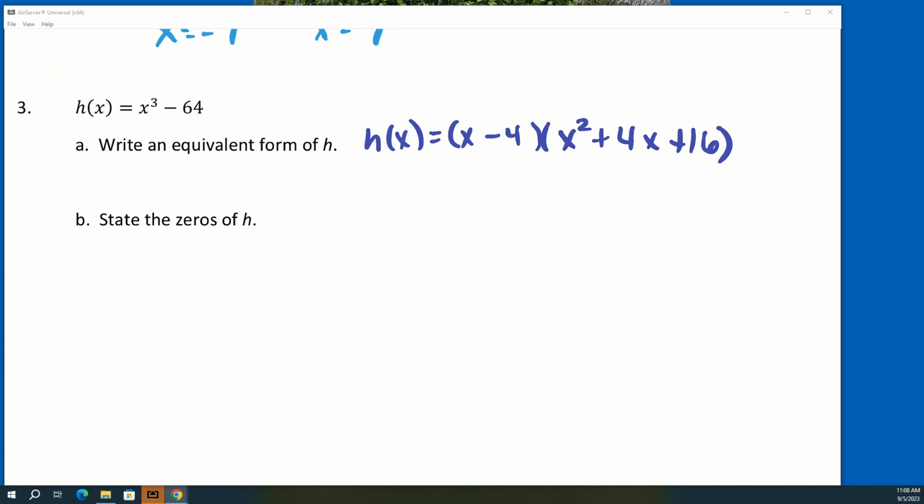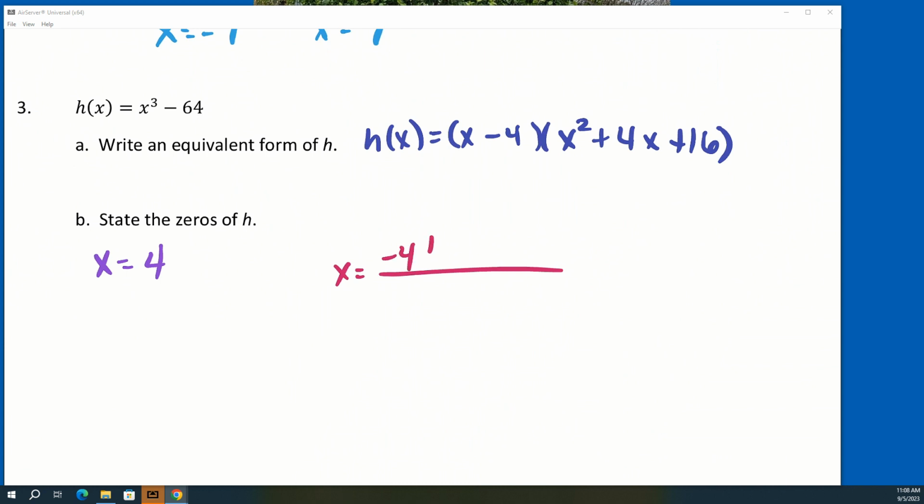Now, like I said, almost all of the time that's not going to factor. So when we find the zeros, one of them is fairly obvious: one of the zeros is 4. The other one is a lot less obvious. And since it won't factor, we're going to go ahead and use the quadratic formula.